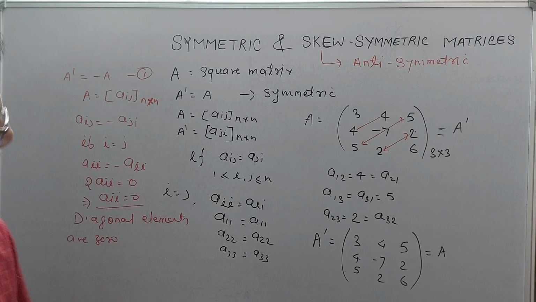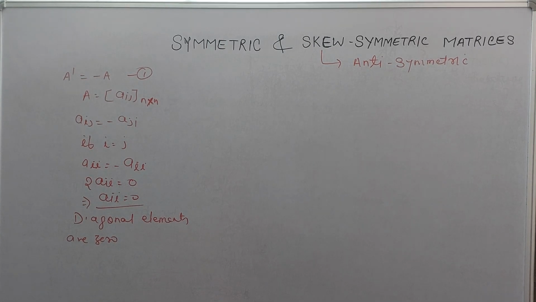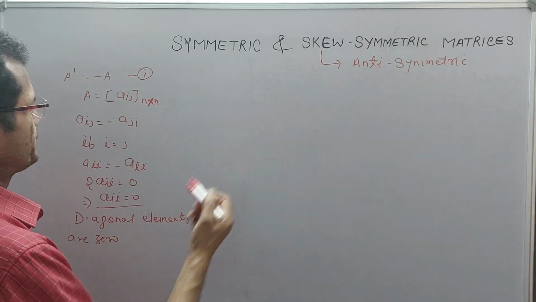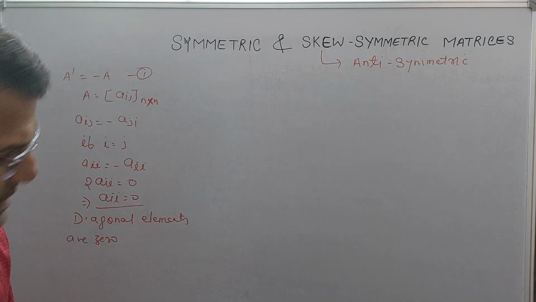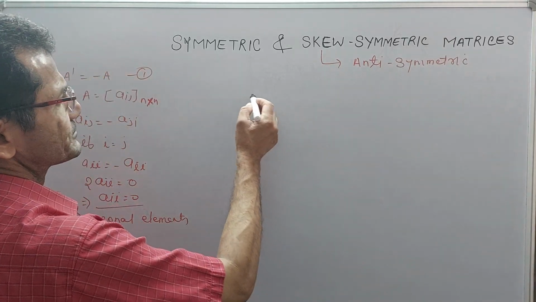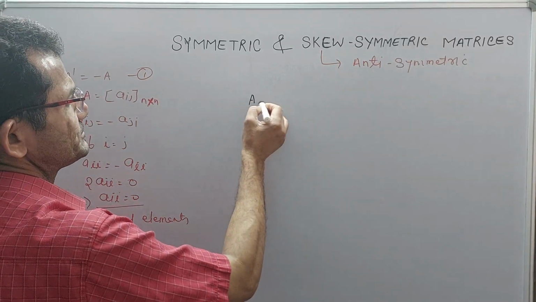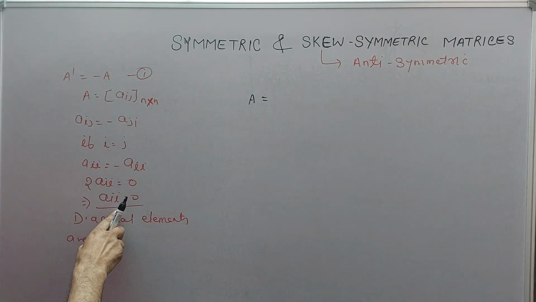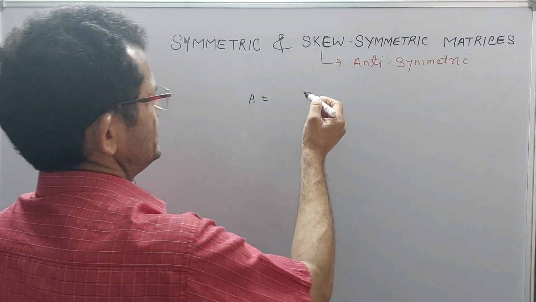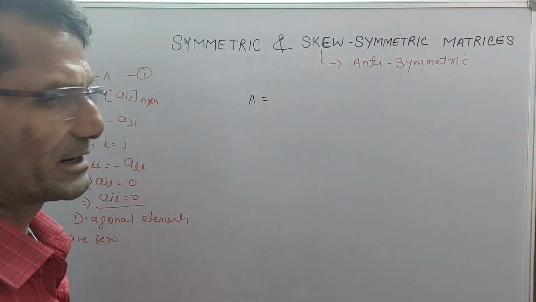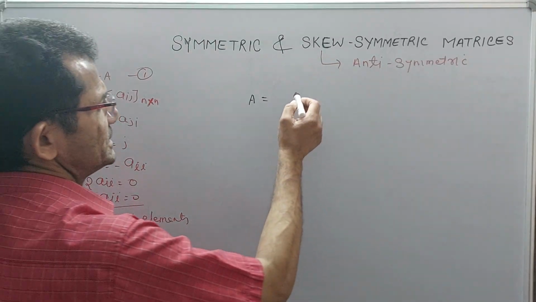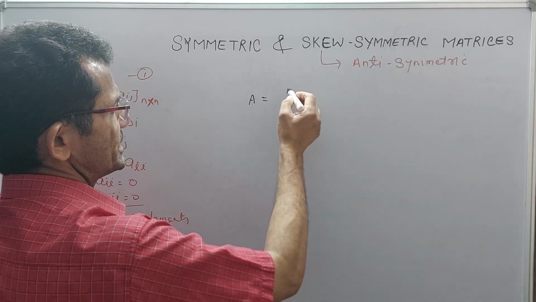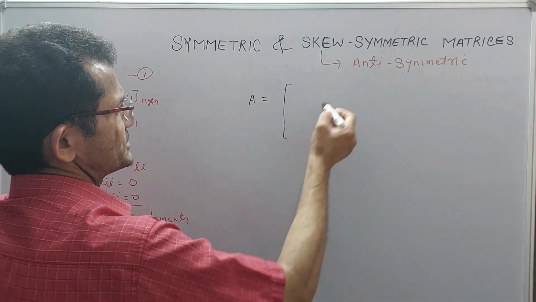If I write an example of this one, an example of a skew-symmetric matrix will be, suppose this is the matrix A. Since by this fact the diagonal elements should be 0 here, the skew-symmetric matrix should be a square matrix. So now all diagonals are 0; suppose I make a 3 cross 3 matrix.